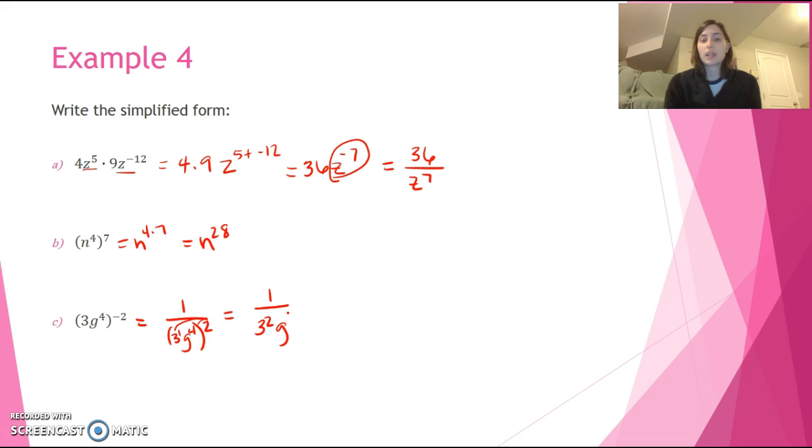And then g to the 8th, because 4 times 2 is 8. And then your last thing you should do is evaluate whatever parts you can evaluate. So we're going to have 1 over 3 squared is 9, g to the 8th power. And that is our final answer. All right, so then that is the end of our multiplication rules, and we'll have your division rules next.